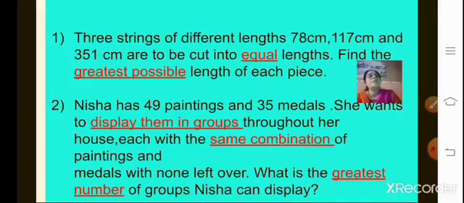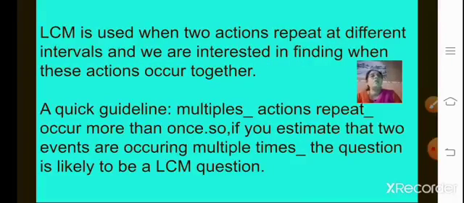Now let us see how we can find that a question is of an LCM type, that is where we have to find the least common multiple. Now LCM is used when two actions repeat at different intervals, and we are interested in finding when these actions occur together.